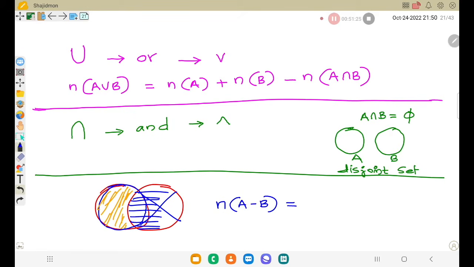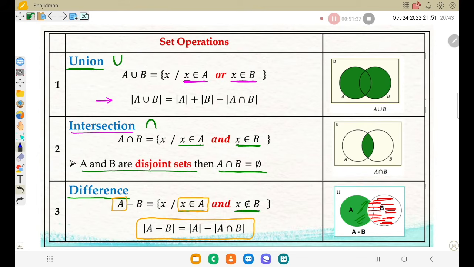Cardinality of A minus B equals number of elements of A minus number of elements of A intersection B. See, this is the meaning of difference of two sets.